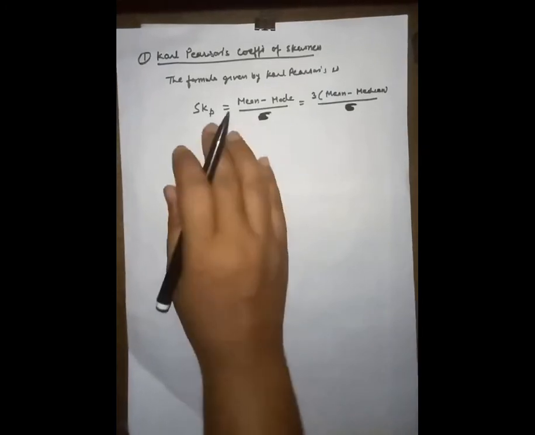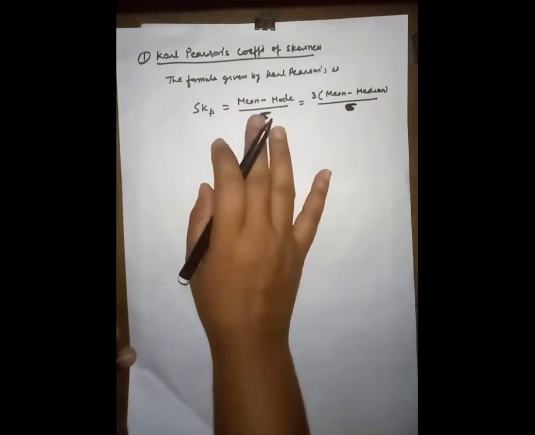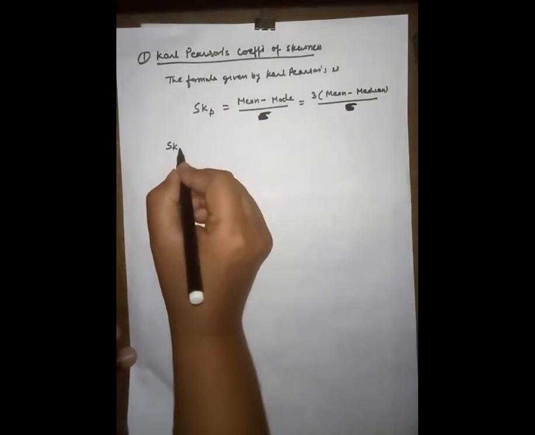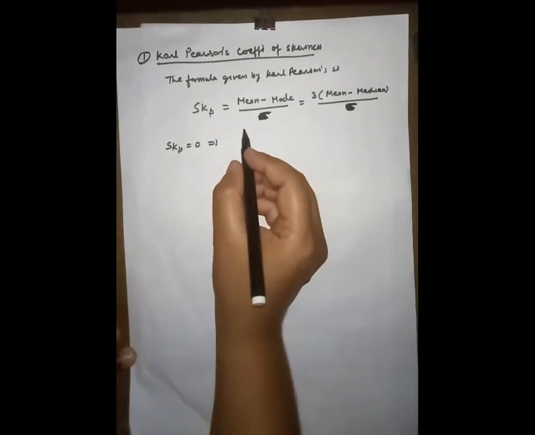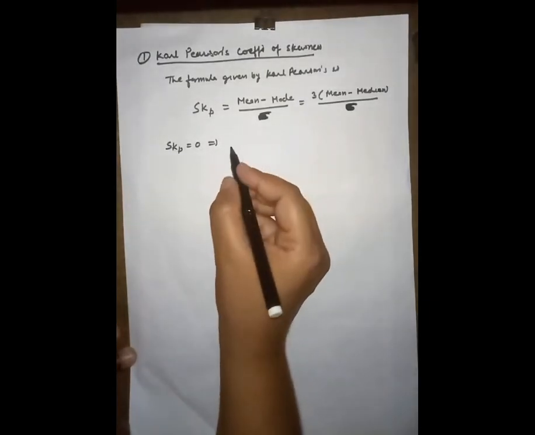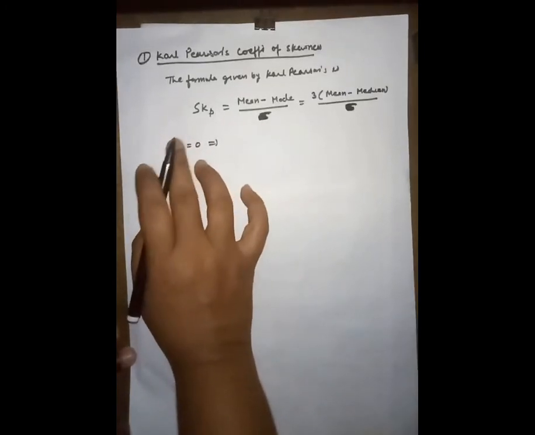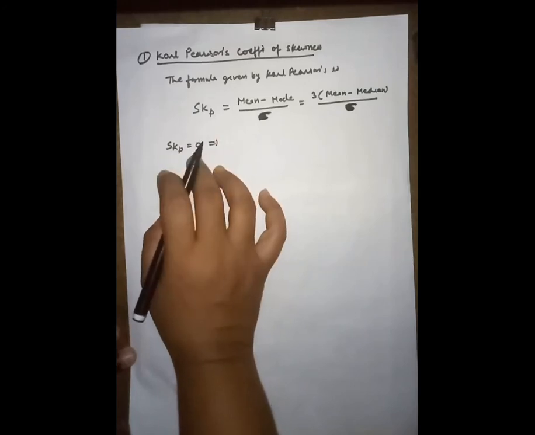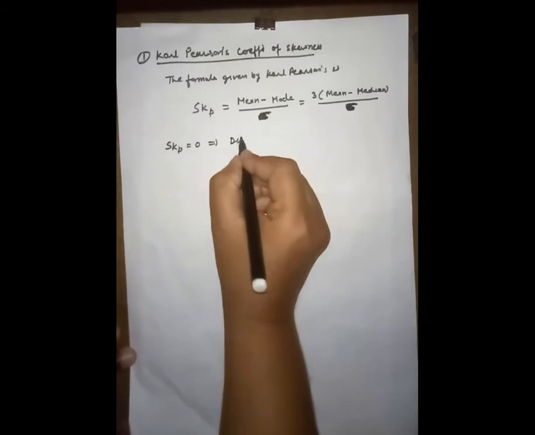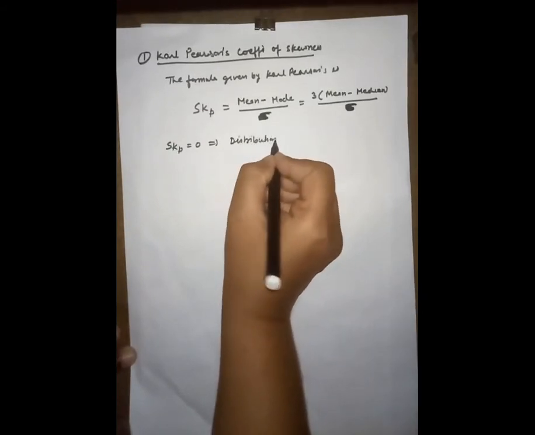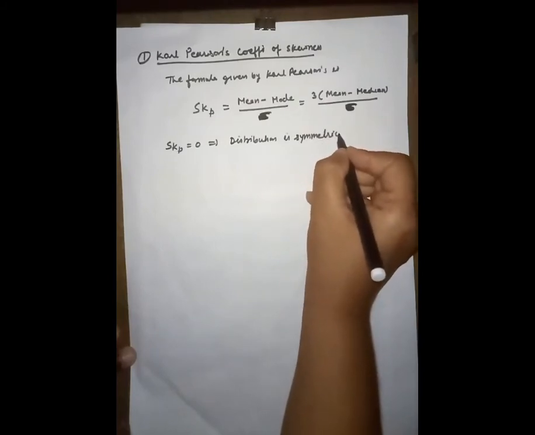So friend, the value of the coefficient of skewness is 0 when SKP equals 0. It means skewness is 0, so the distribution is symmetrical, right friend?